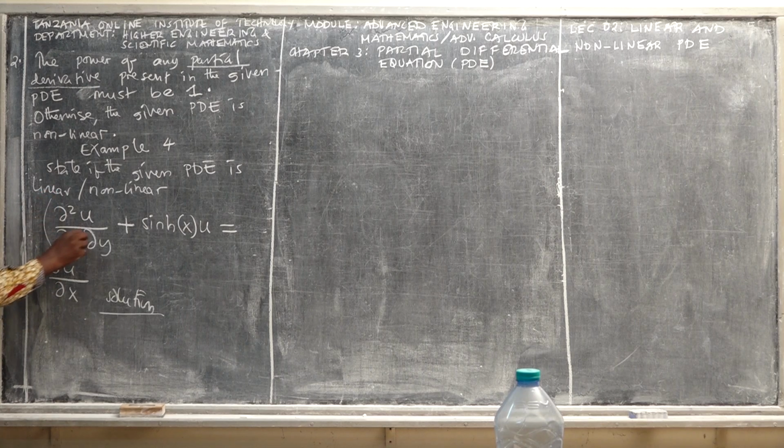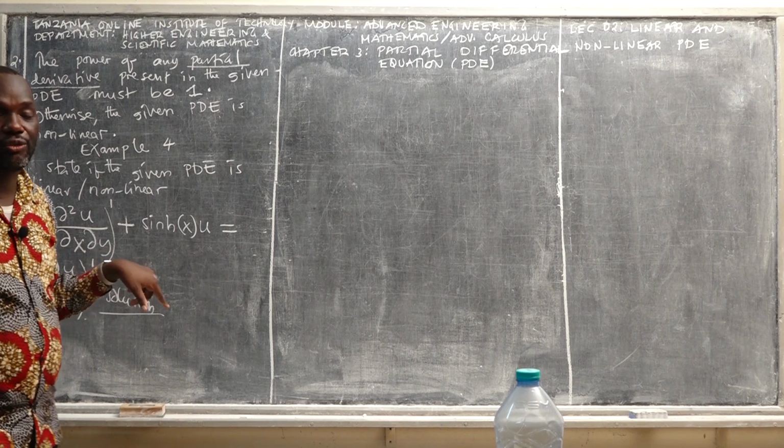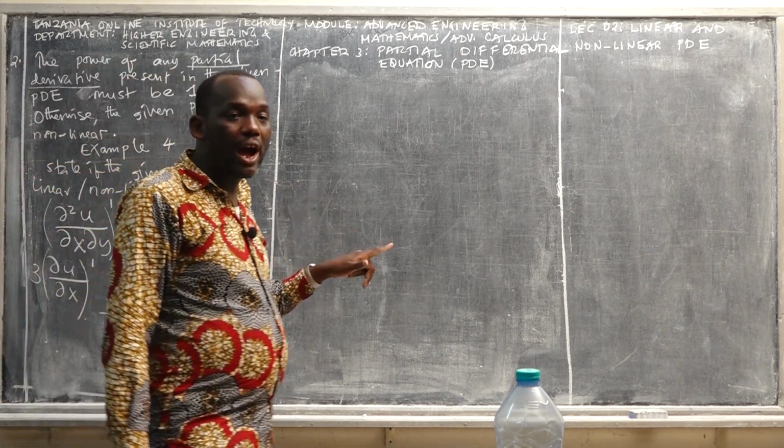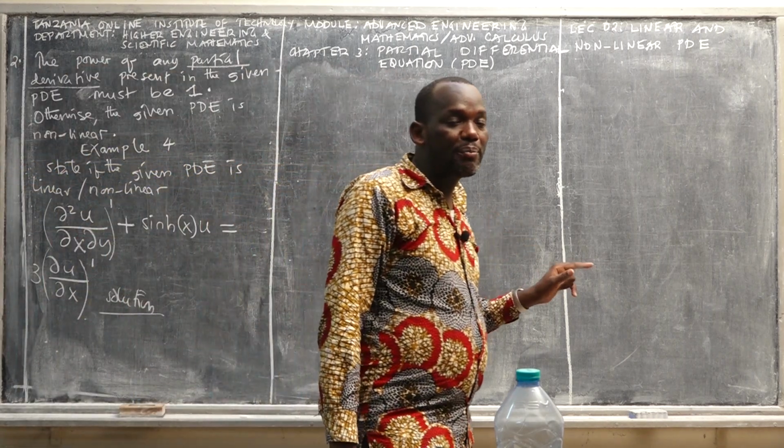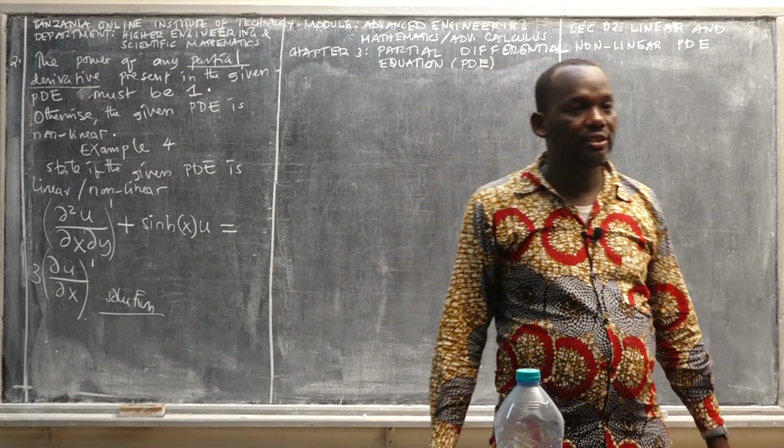Why do we say 1? We say 1 because its power is 1. This is the order. Then the second partial derivative is this one. What is its power? 1. So it means that the power of all partial derivatives present in that partial differential equation is 1. Therefore, the given partial differential equation is linear.